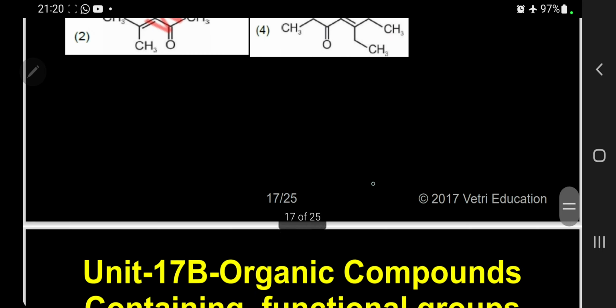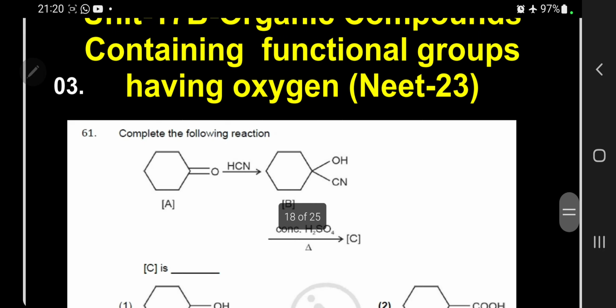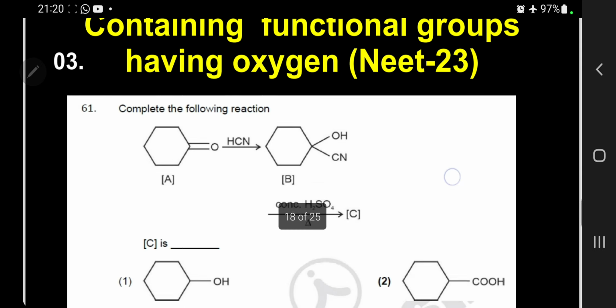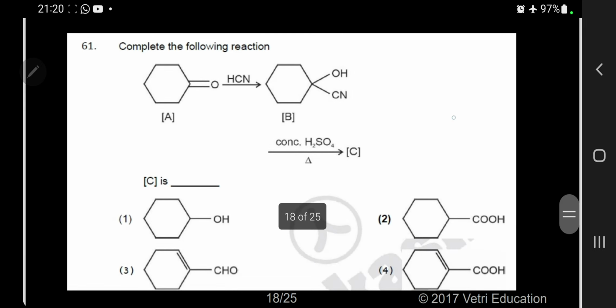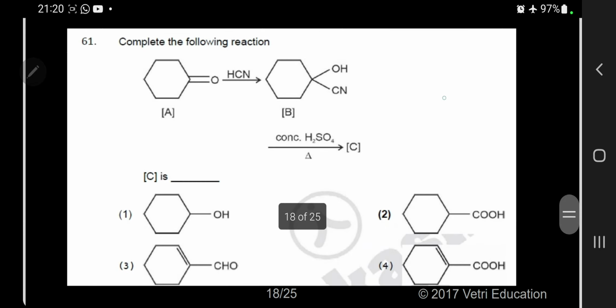Okay, next question. Question number 3. This is again nucleophilic addition, that is cyanohydrin formation. This question was asked in NEET 23. So this is cyclohexanone, C double bond O. When treated with HCN, what will happen now? When you treat here with H plus CN minus, then OH.